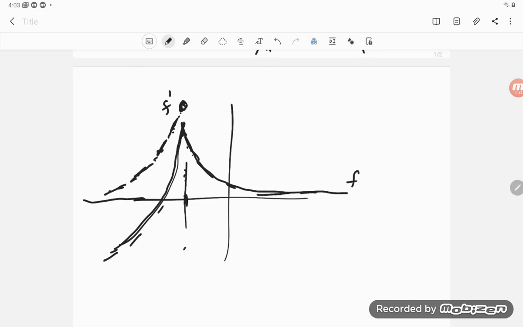There's f prime. And then f prime here, it might start out at a value. It depends on how steep this is. It could possibly head off to negative infinity. I'm just not sure. But it's always decreasing, but it's heading toward zero. So I see something like that for f prime.